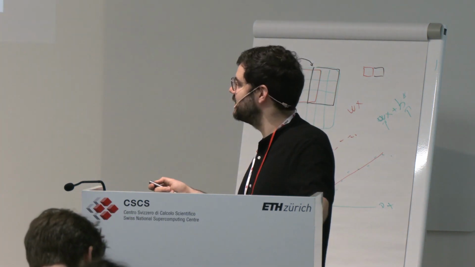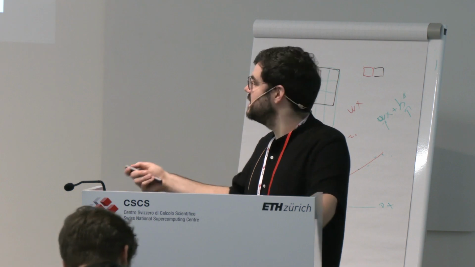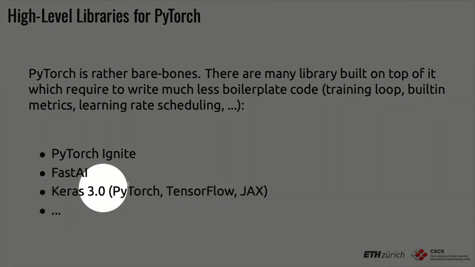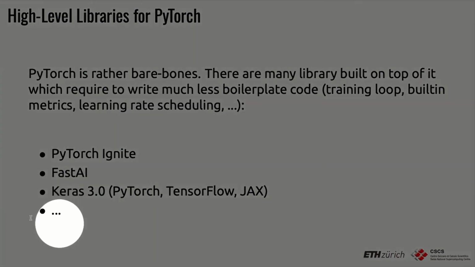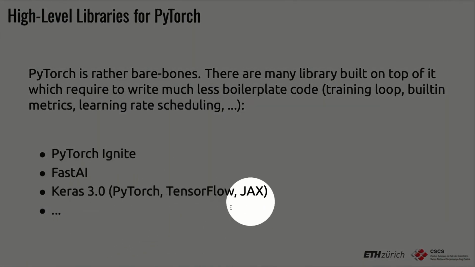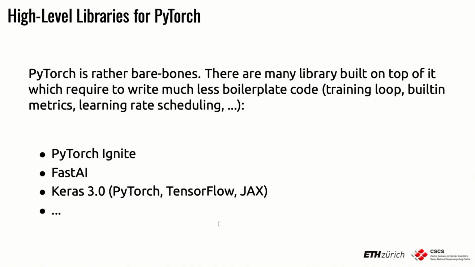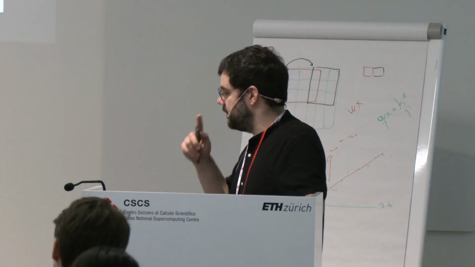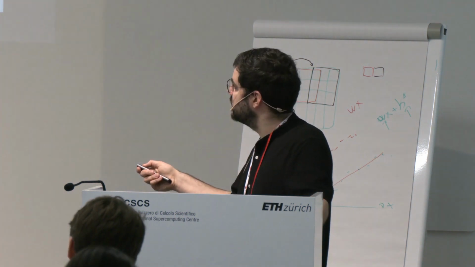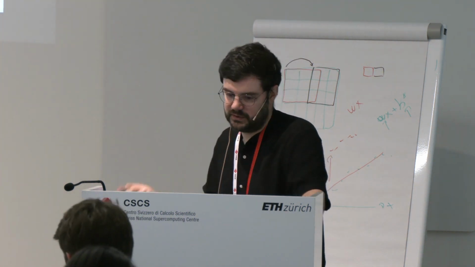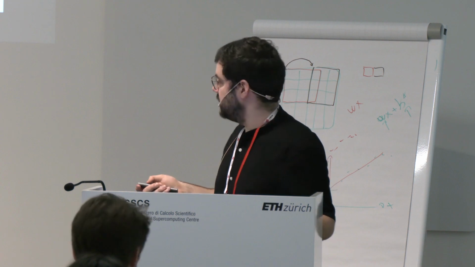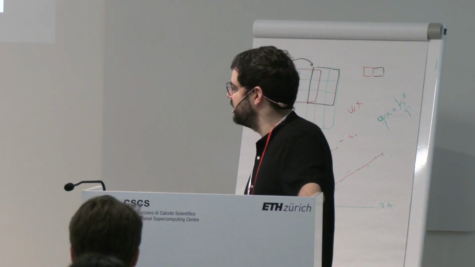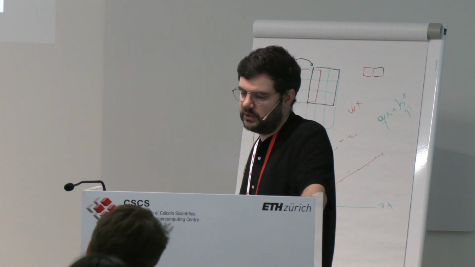And now with Keras 3, it went back to the origins, and now it supports different backends. So essentially, you write one single code that can work with PyTorch tensors, TensorFlow tensors and JAX tensors. These are other deep learning libraries that have different capabilities, so you might want one or the other.